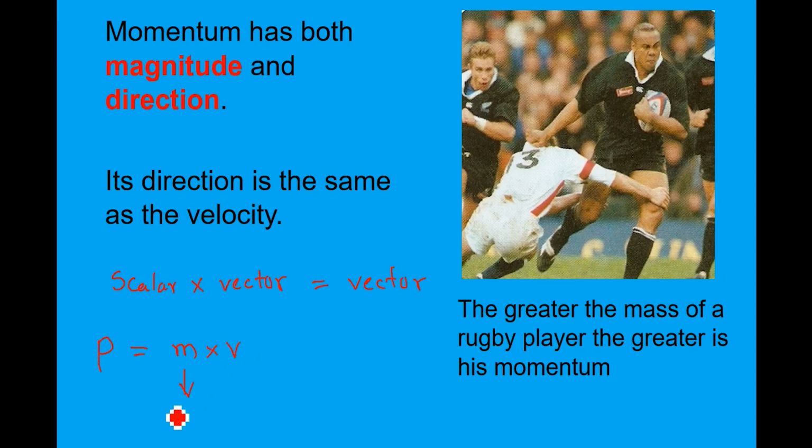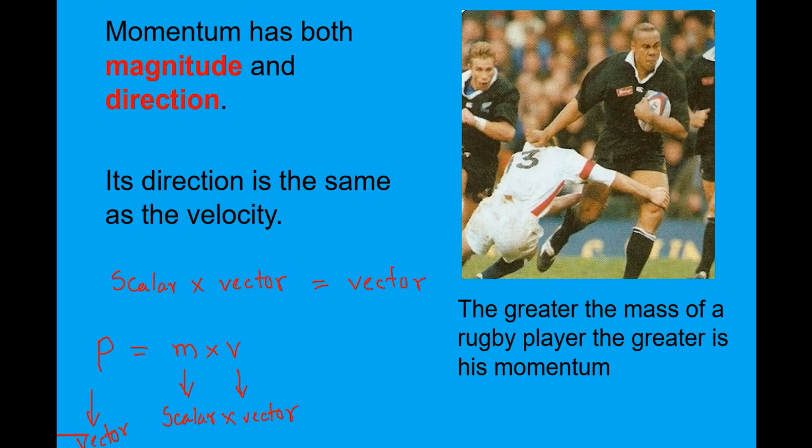Mass is a scalar quantity. Scalar means a physical quantity which has only magnitude, no direction. But velocity is a vector. So overall momentum is a vector quantity. Vector means a physical quantity which requires both magnitude and direction to represent it completely. So momentum is a vector quantity because it has both magnitude and direction.